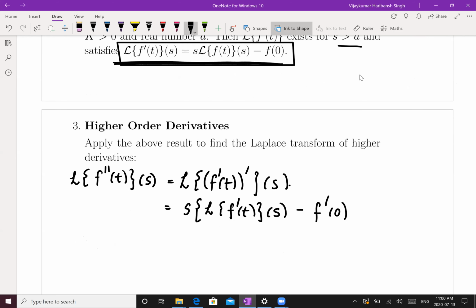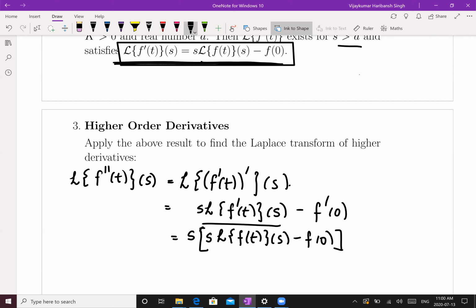Now let's apply the Laplace transform again. This is how it should be written. So this is going to be s times, in brackets, L of f prime evaluated at s, and now we use this again. So we have L of f of t evaluated at s minus f of 0, bracket close.